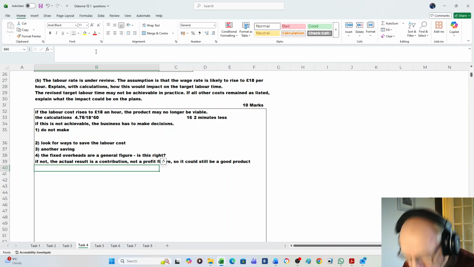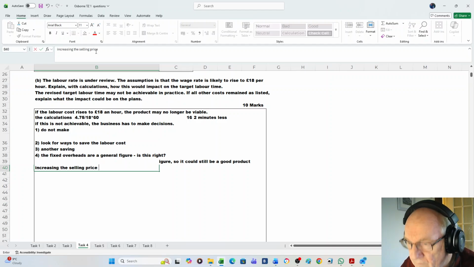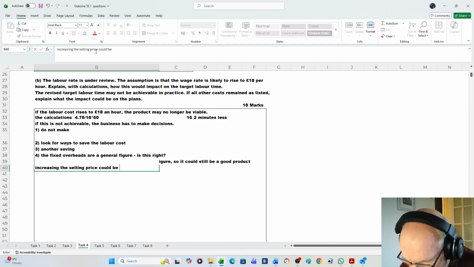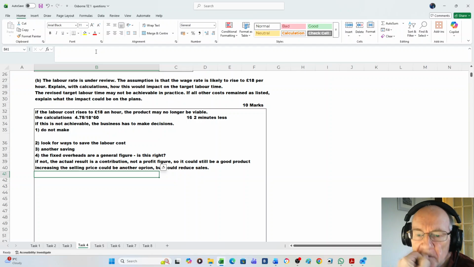So it's still a good product. Increasing could be another option, but could reduce sales. We pretty much got everything in there.